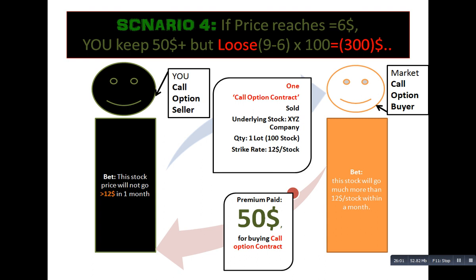So on paper, or basically an unbooked loss, you would be down by $300 because your buy price was $9, and the market price is $6. You have not yet sold the stock, so it is not the actual loss, but an unbooked on-paper loss of $300.